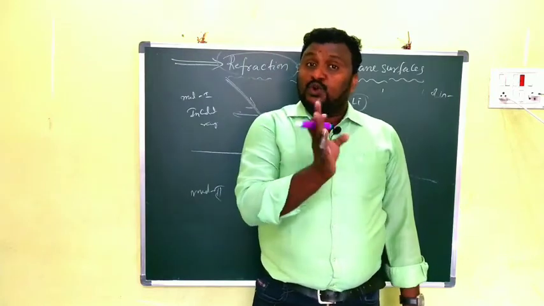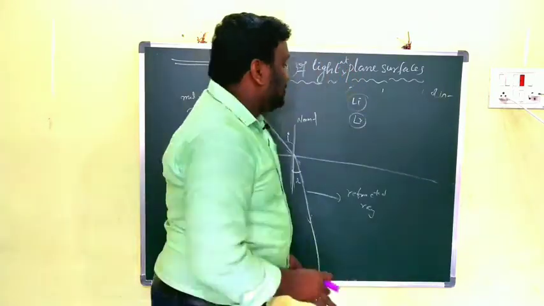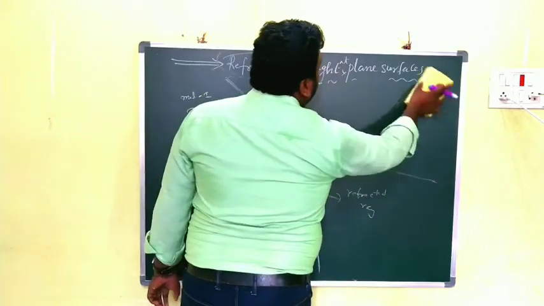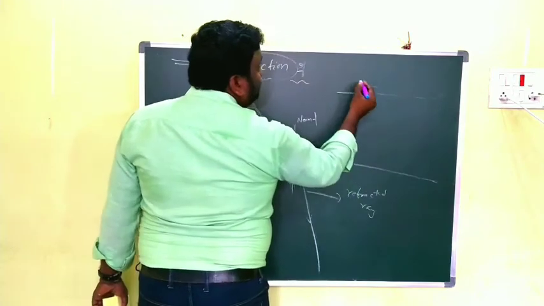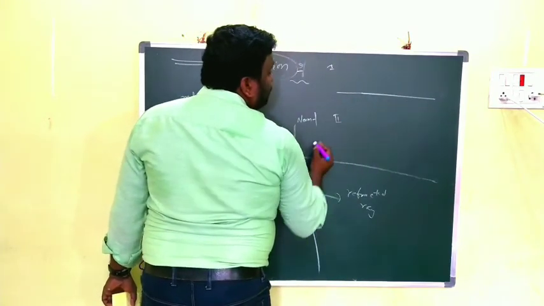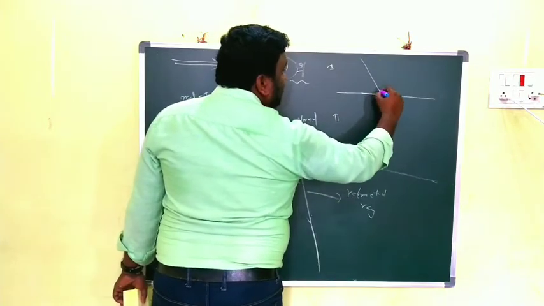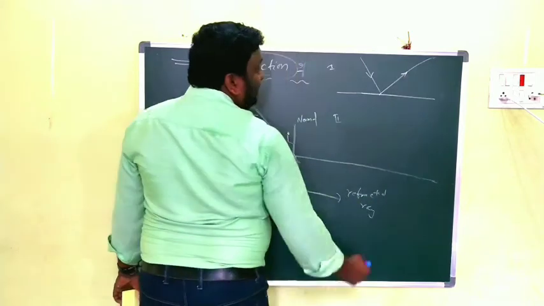Children, you must know the difference between the reflection of light and the refraction of light. So watch clearly here. This is medium 1 and this is medium 2. What you observe, this is the incident ray and this is the reflected ray.